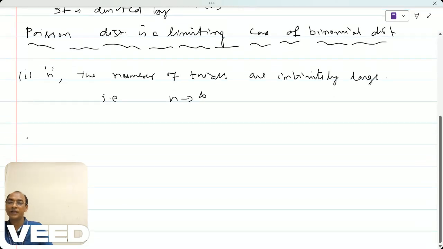If the number of trials is large, then instead of binomial distribution we can think about the Poisson distribution.